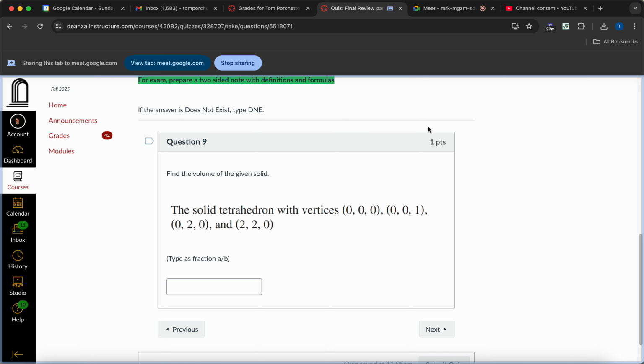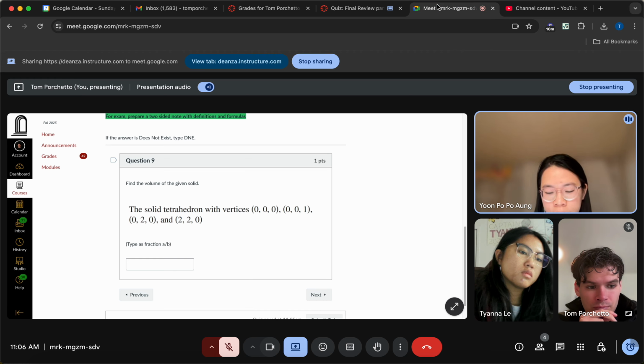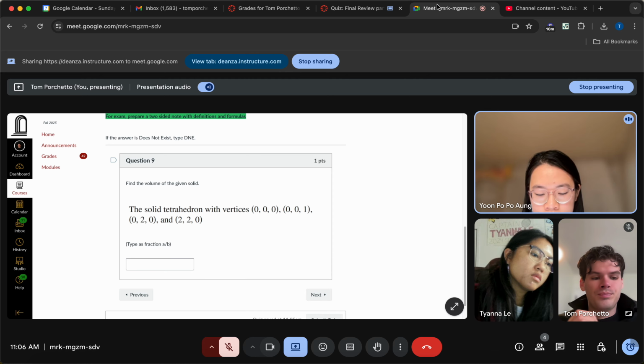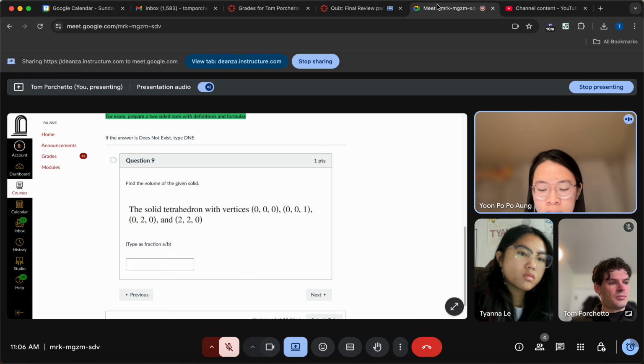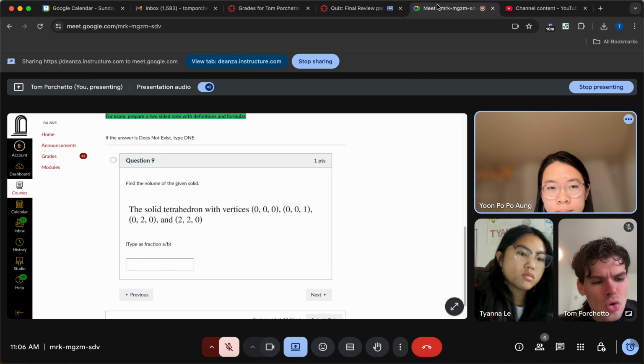And then from that, I just integrate with respect to x. And then I got y minus half y squared dy. And then I integrate again, and then I got 2 minus 4 by 3y. So the final answer will be 2 by 3.